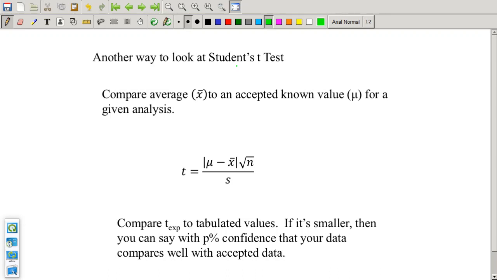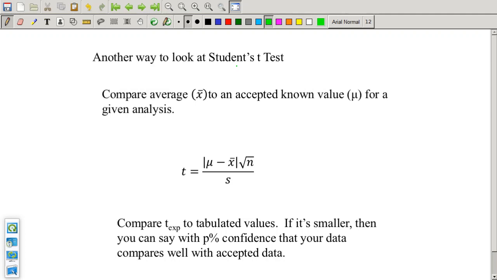That's what this equation is. The mu value is the accepted value, okay? Or in the case of the lab, you're going to compare 2 different values using this same idea. So you take the absolute value of the difference times the square root of the number of data divided by S. And then you compare that to the tabulated t value from the table.